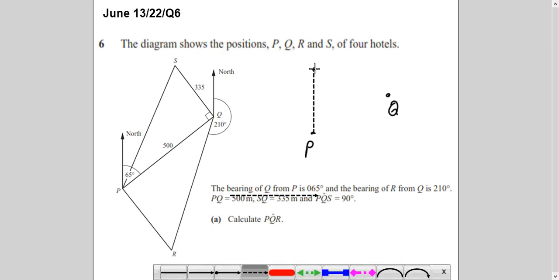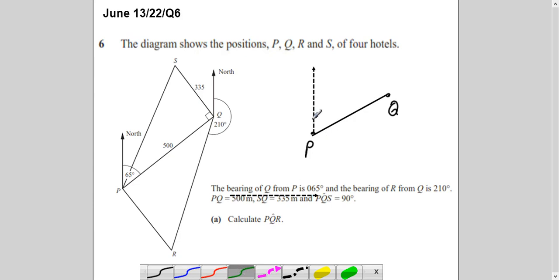Then you join the points P and Q with a straight line. Now this angle is your bearing, because it is always from north, move clockwise till the line which is joining points P and Q.